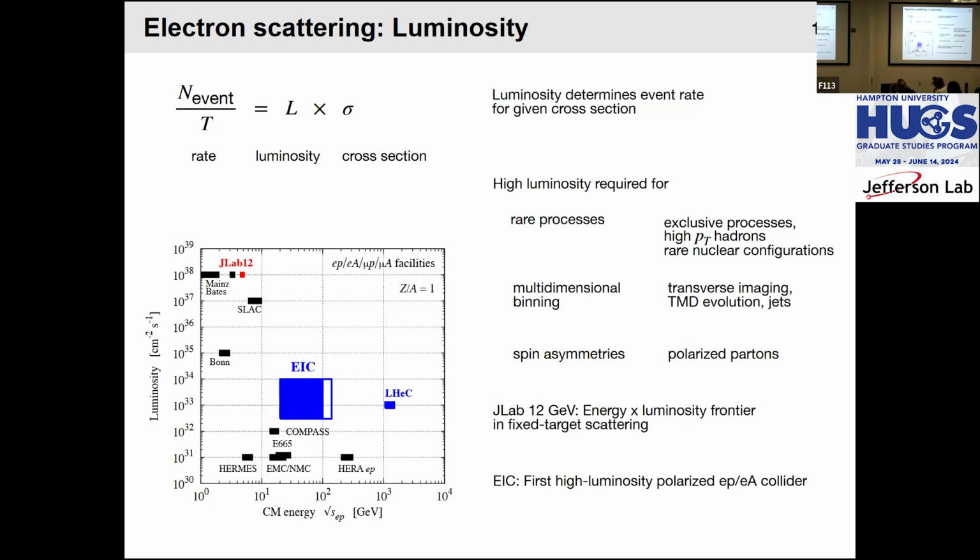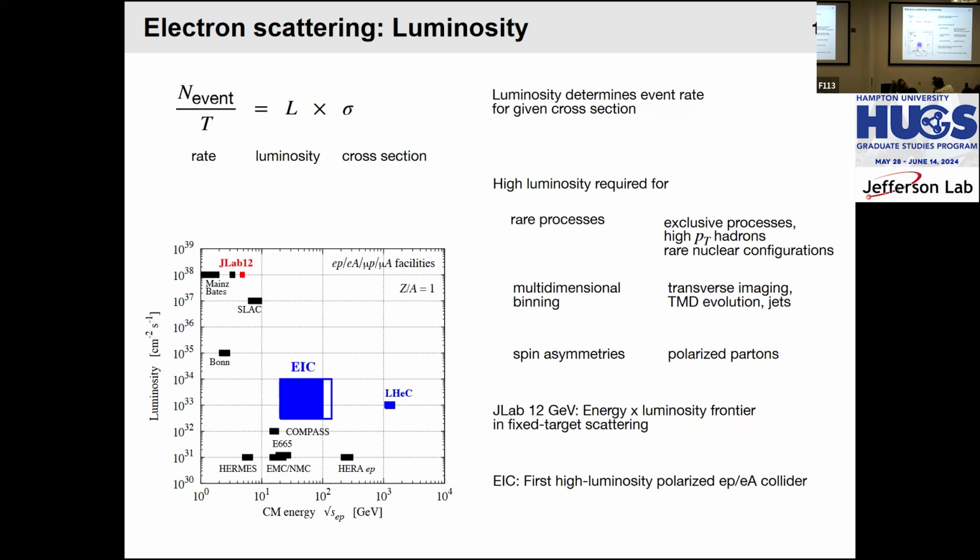And the electron-ion collider that is being planned would sit in this region here. So center of mass energies from around 20 to 100 or maybe even 140 GeV, and luminosities going up to the order of 10^34 per square centimeter per second.